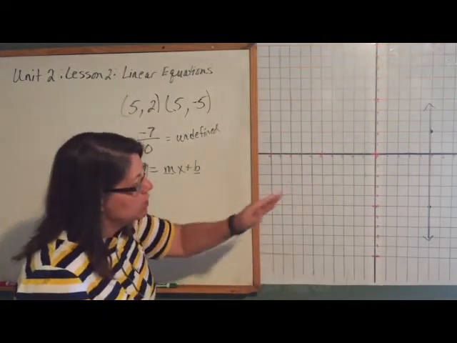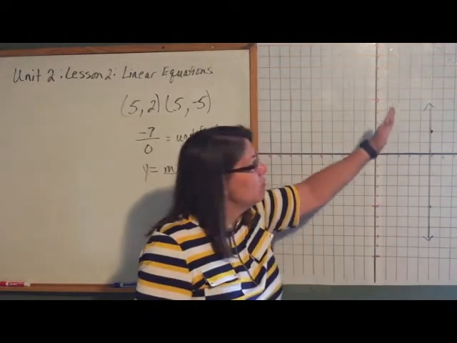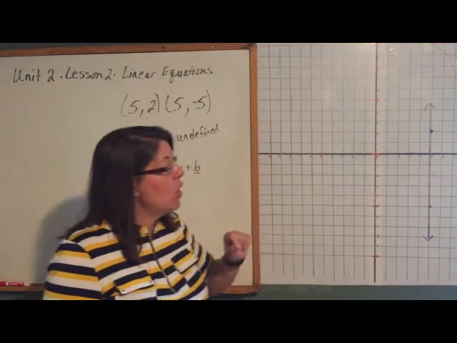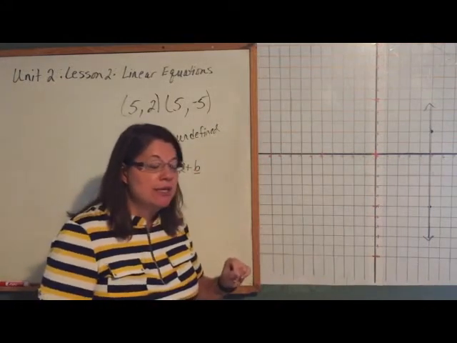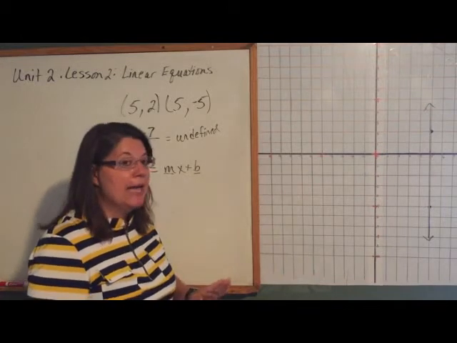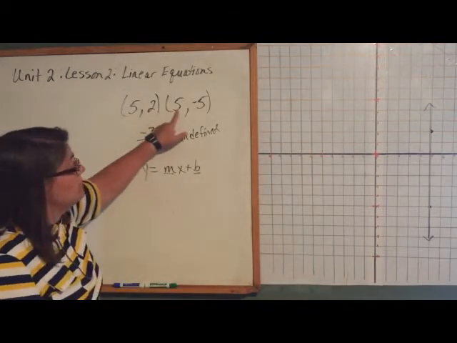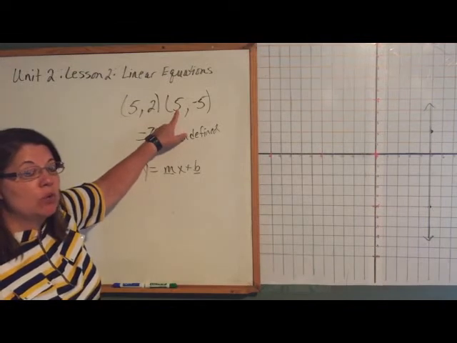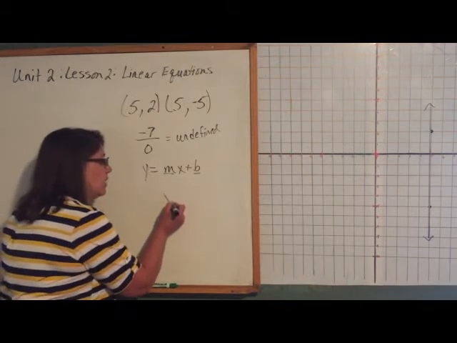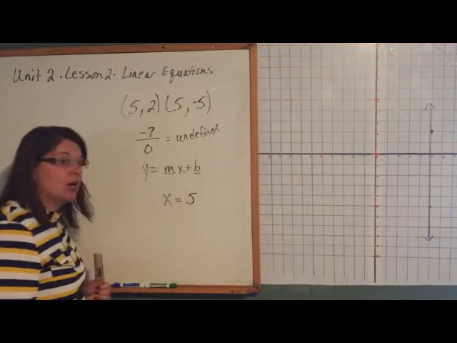When we talked about functions, didn't we say that if a vertical line hits more than one point, it's not a function? This, in fact, is the only linear equation that is not a function because it's a vertical line. And in a vertical line, since the x value is the same in every single ordered pair, the equation of a vertical line will always be x equals whatever that x value is.